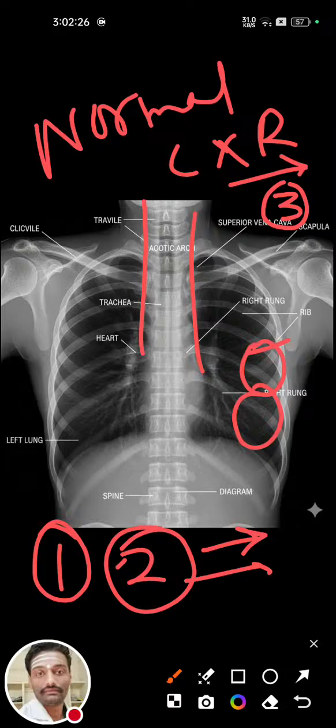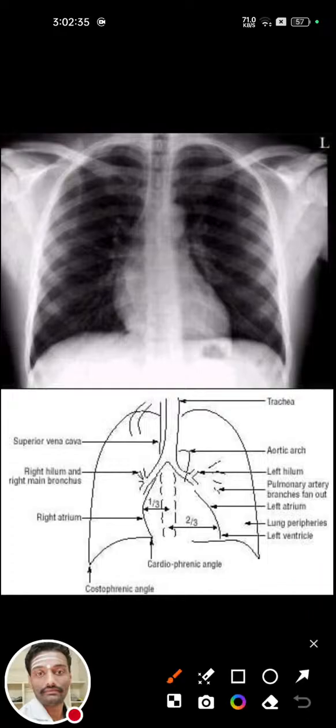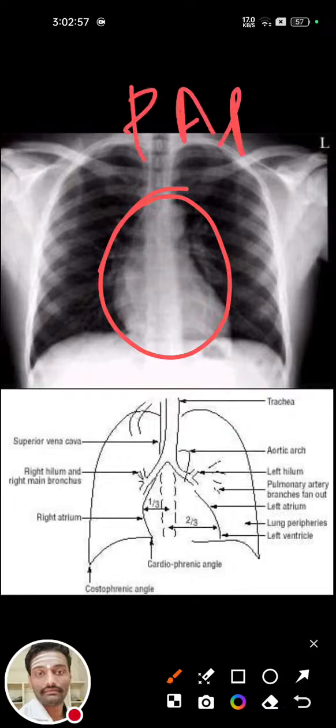No visible pleural line, with the absence of peripheral lung markings. Next, see the cardiac markings. The heart is situated in the mediastinum, normal heart size. Cardiothoracic ratio less or more than 50% on the PA film.